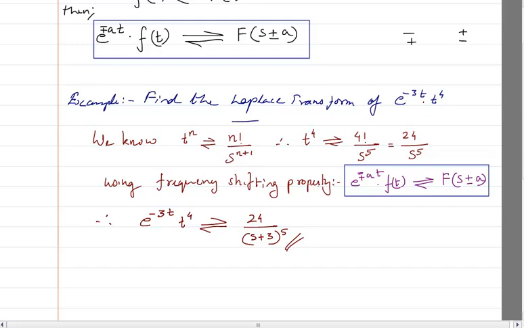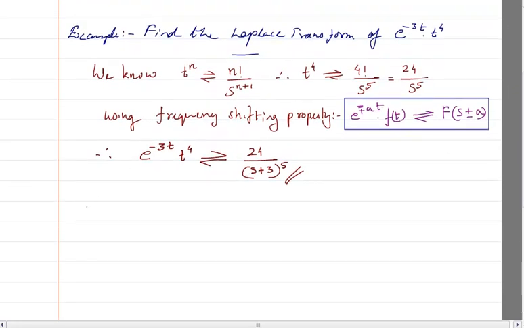Okay, now this is a combination of some other. For example, find the Laplace transform of t plus 1 the whole raised to power 2 into e raised to power t.